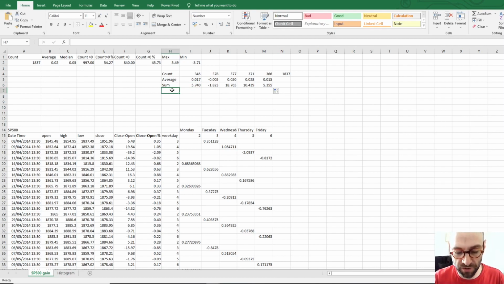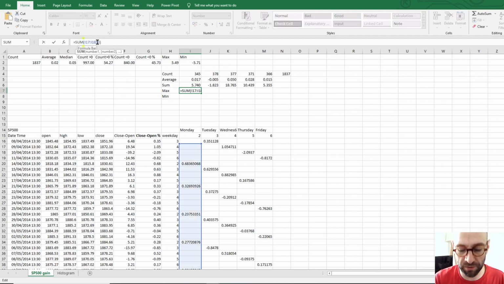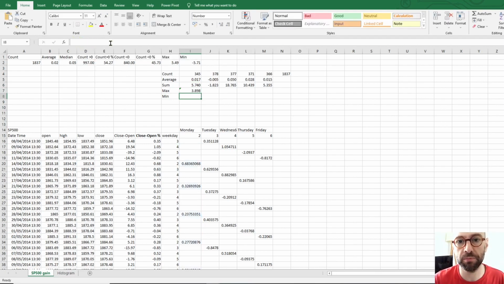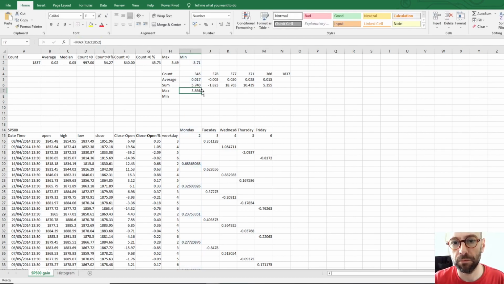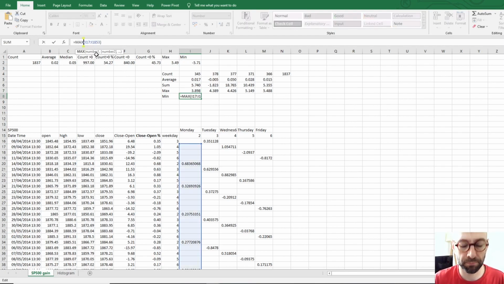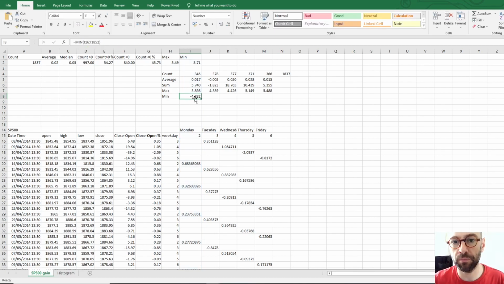Let's get some more values here. Let's get, for instance, the maximum and the minimum value for each one of these days of the week and see if there are any more surprises. And the same thing for the minimum. And see what the data tells us.